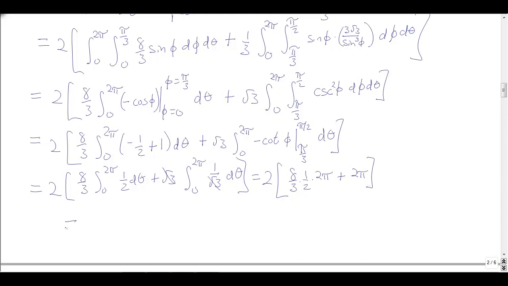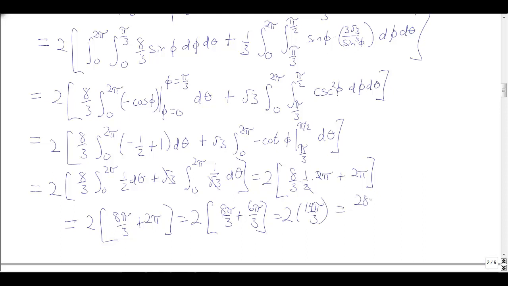And so what I end up with, these 2's cancel. I get 8 pi over 3 plus 2 pi. So that's 2 times 8 pi over 3 plus 6 pi over 3. That's 2 times 14 pi over 3.